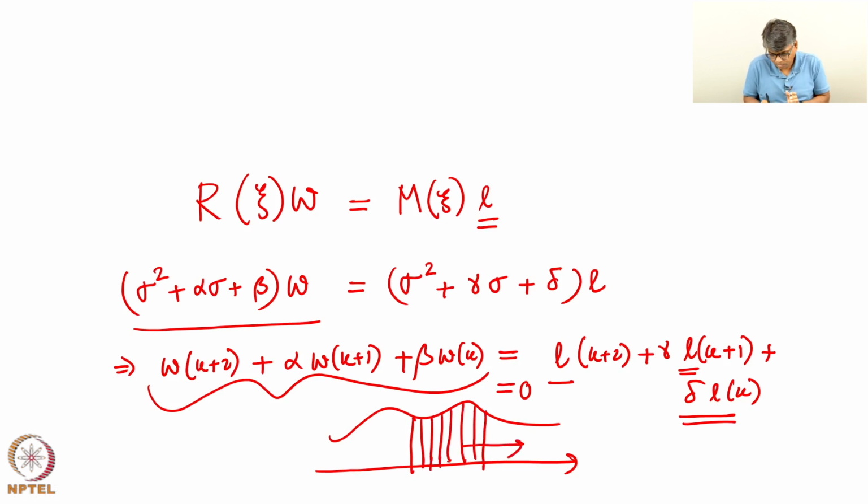This window moves across the timeline, and each time whatever part of the trajectory l falls under this window, I take a linear combination of that, I take a sum of that. That is like a moving average. That is why it is called an autoregressive moving average system.